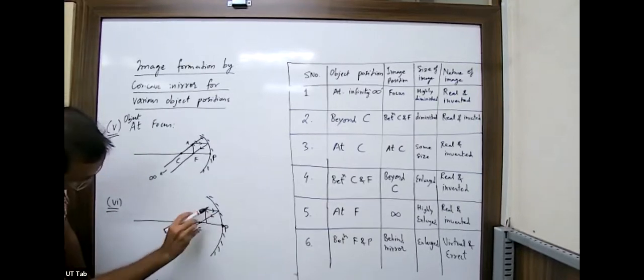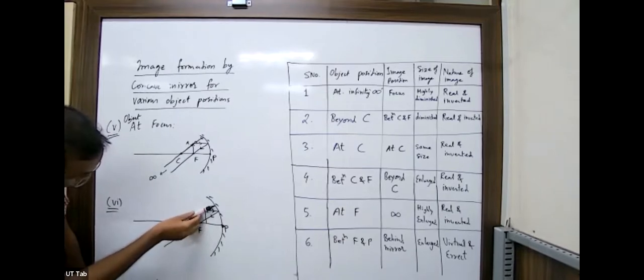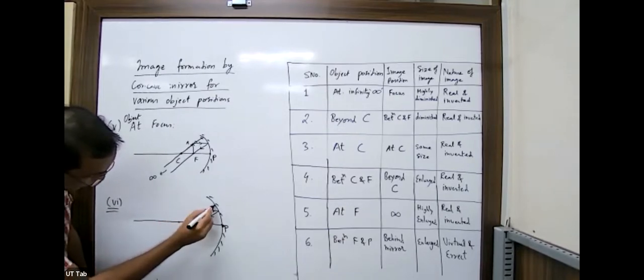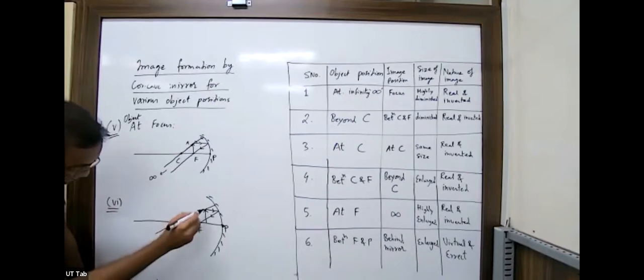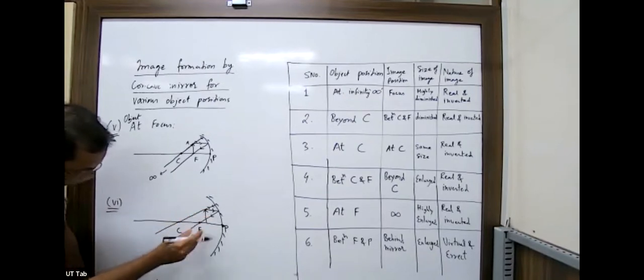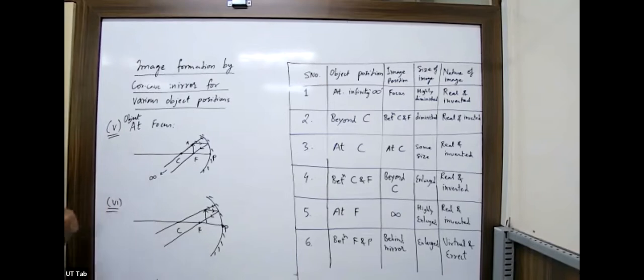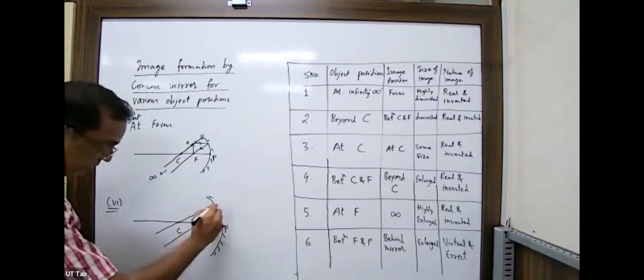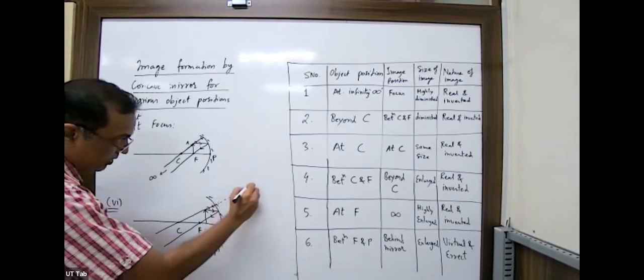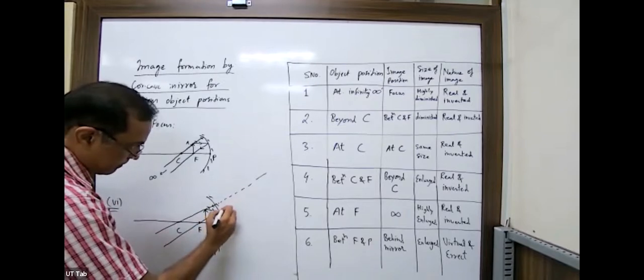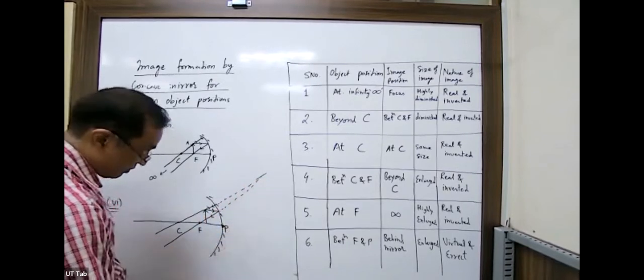So are these rays parallel? They are appearing to be diverging. So the observer here would feel that these rays are coming from somewhere. Extended backwards, these two rays will meet somewhere, right?